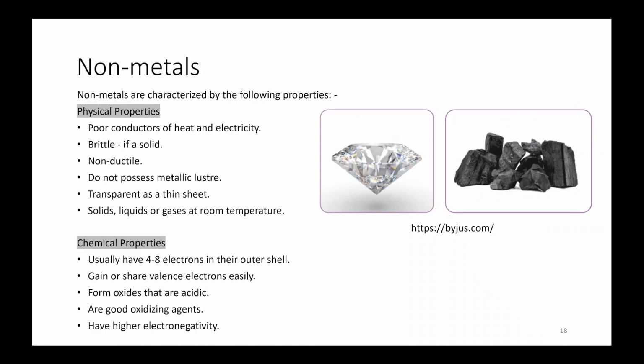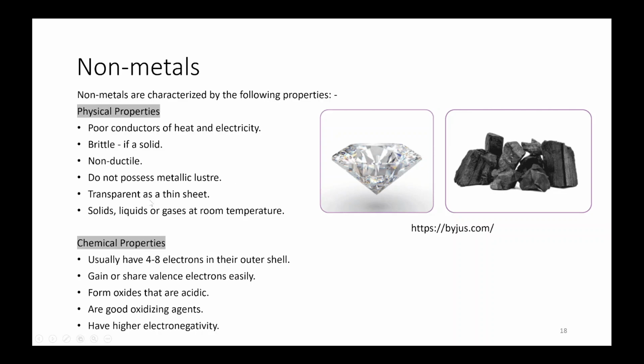Now non-metals are characterized by the following properties. Firstly, physical properties, they are mostly the opposite of metals. So they have poor conductivity of heat and electricity. They are brittle, while metals were ductile, and if they are in solid form they will be brittle and they do not possess metallic luster.